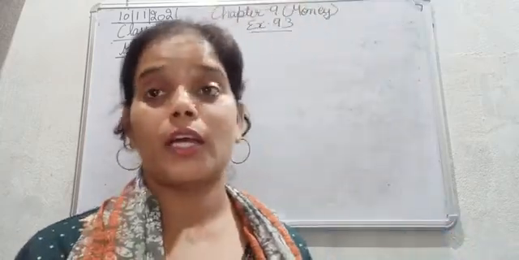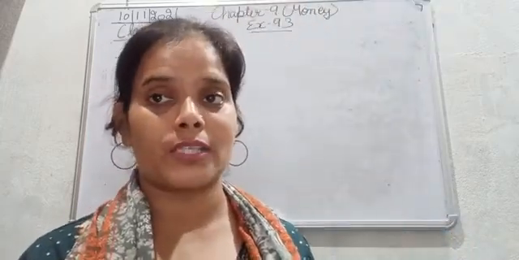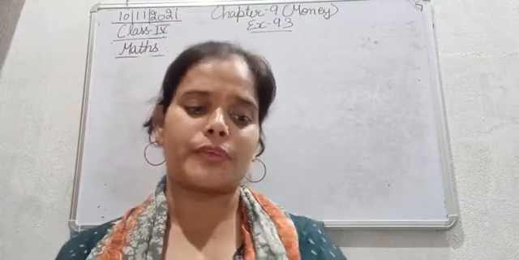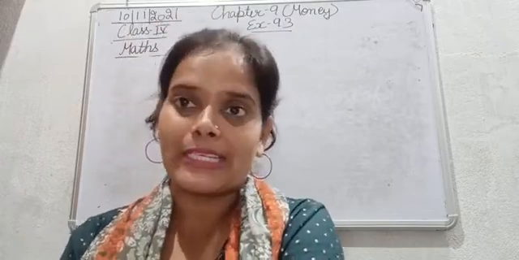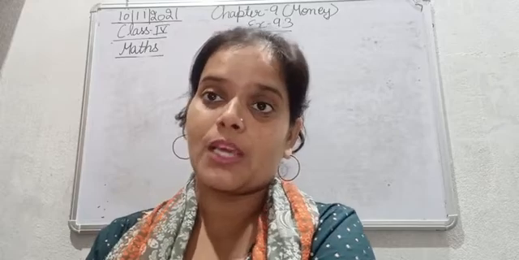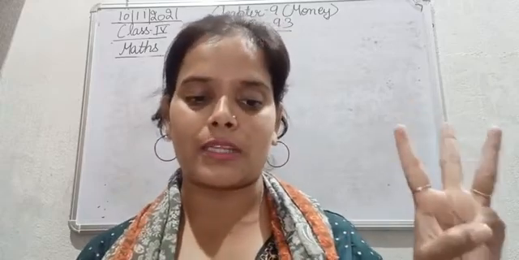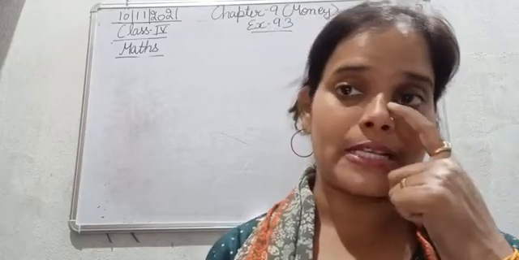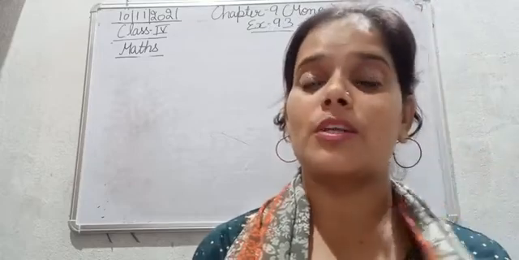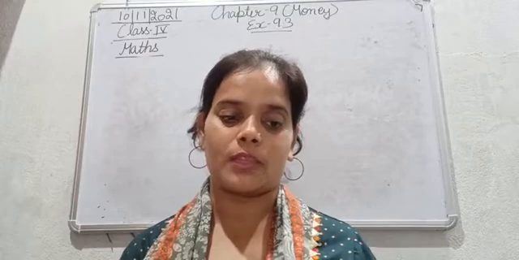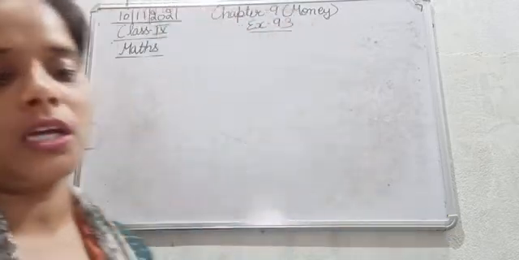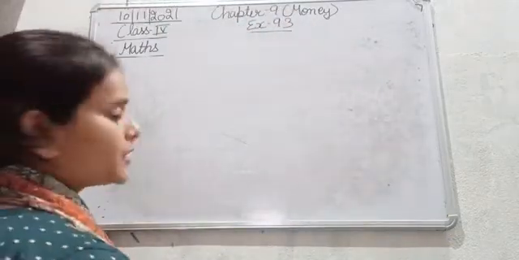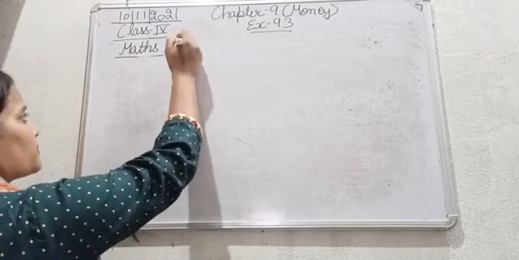Kannu has bought similar 5 books, and we need to find out how much money Kannu needs to pay. The cost of three books is given. We need to find the cost of one, and then we can easily find the cost of five books. So let's find out the cost of three books.